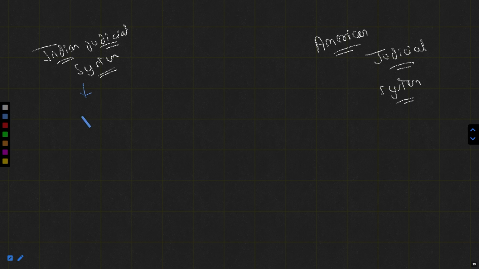Basically, here is a single court system, and there are federal courts and state courts.